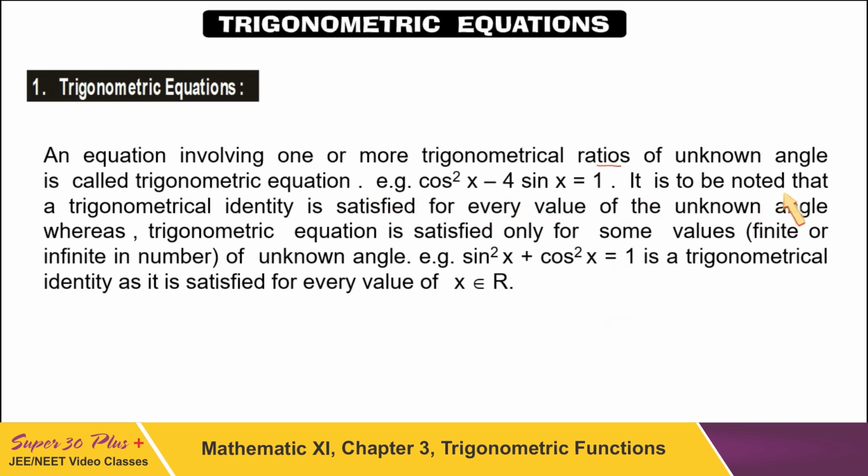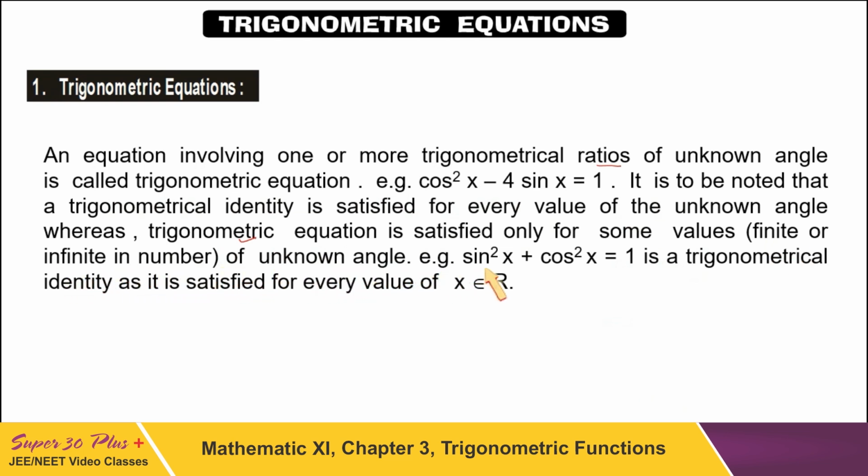It is to be noted that a trigonometrical identity is satisfied for every value of the unknown angle, whereas a trigonometric equation is satisfied only for some values, finite or infinite in number, of the unknown angle.